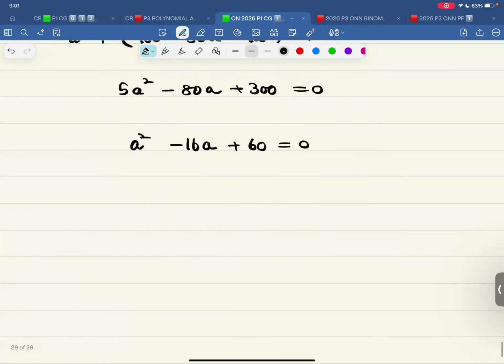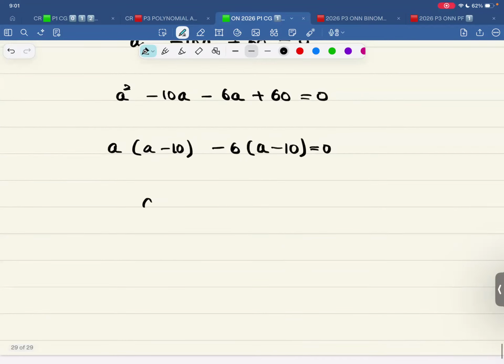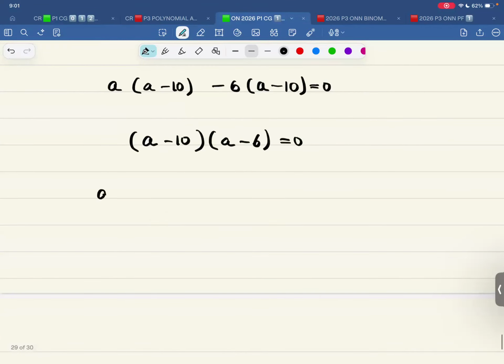Yes, you can use the quadratic formula also. a squared minus 10a minus 6a plus 60 is equal to 0. a(a minus 10) minus 6(a minus 10) is equal to 0. (a minus 10)(a minus 6) equals 0. Therefore, a is equal to 10, a is equal to 6.